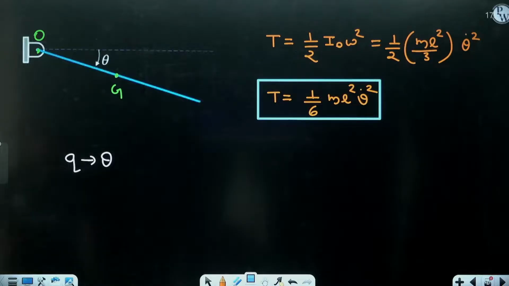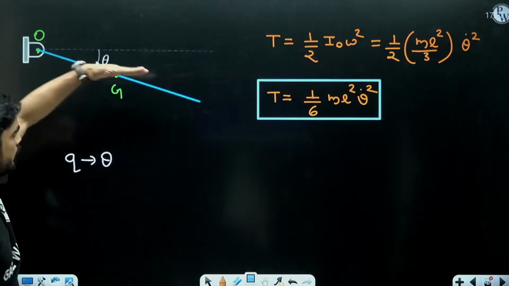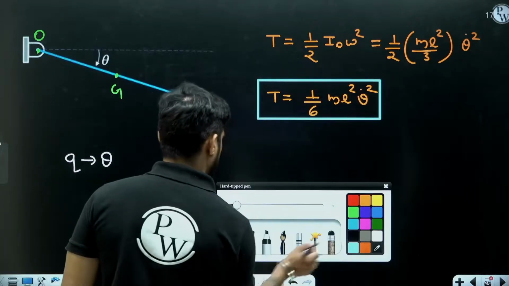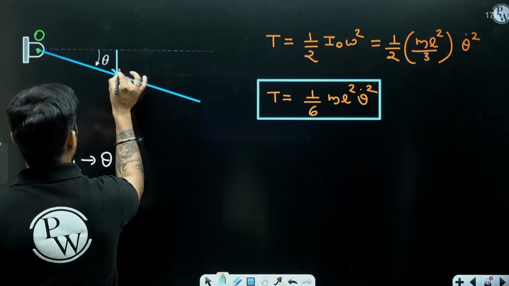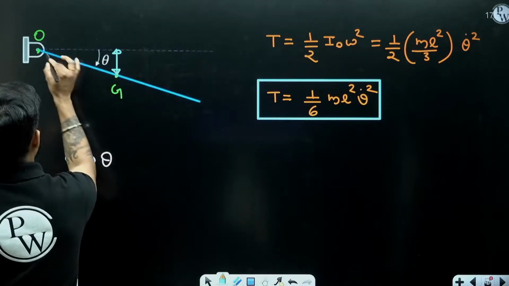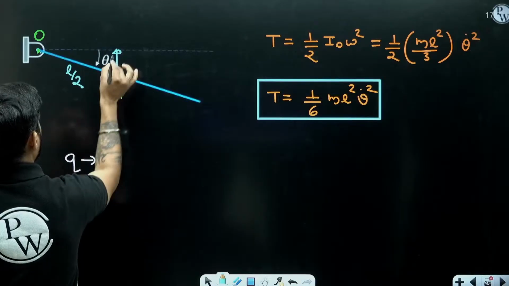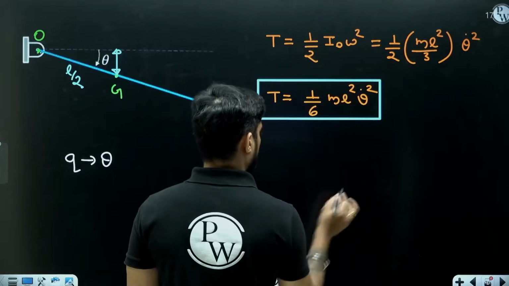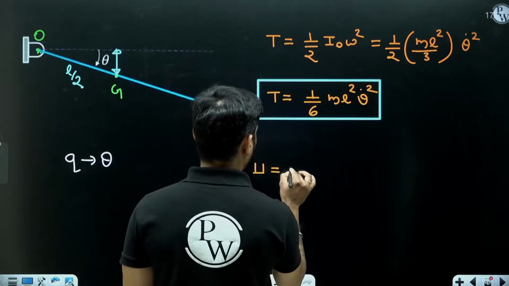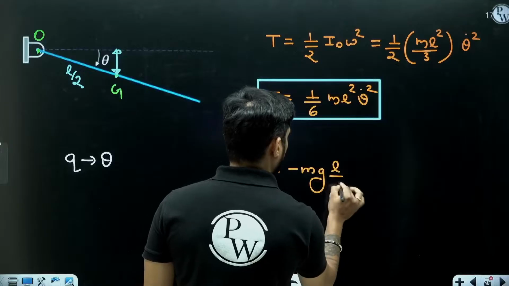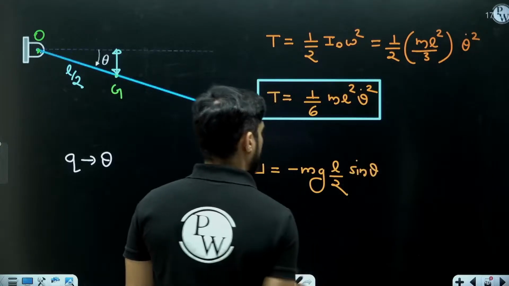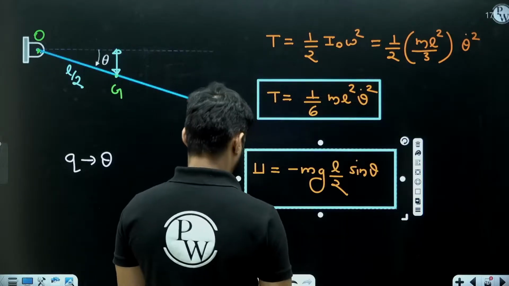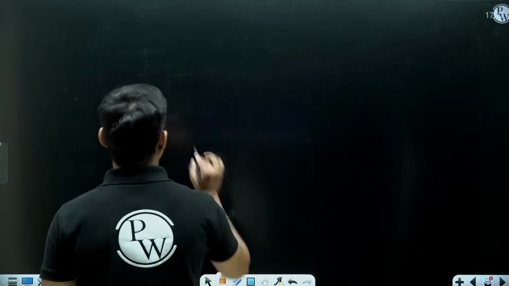Now, potential energy. If this is the origin, then the center of gravity is below the origin. So what is this distance? From here to here, it is L by 2. So this will be L by 2 sine theta, right? So U will be equal to minus mg L by 2 sine theta, right? So what will be the Lagrangian of the system?